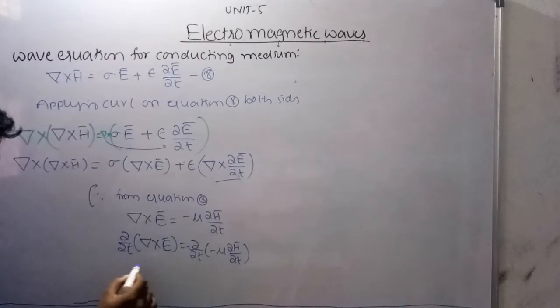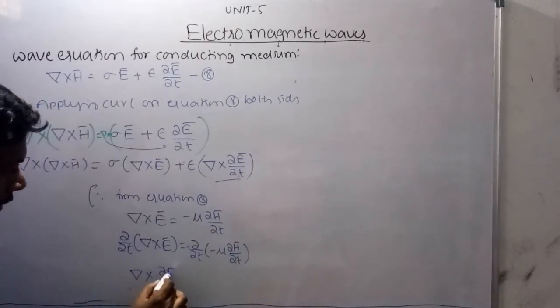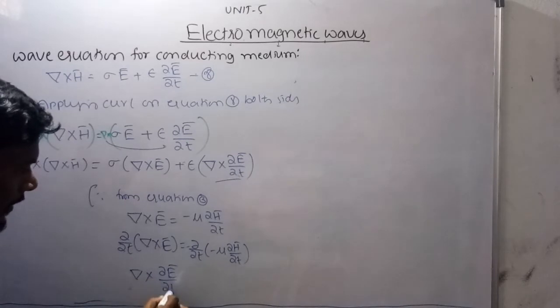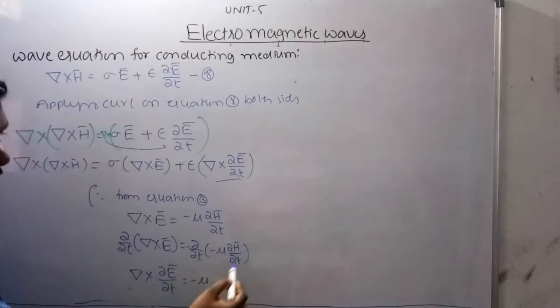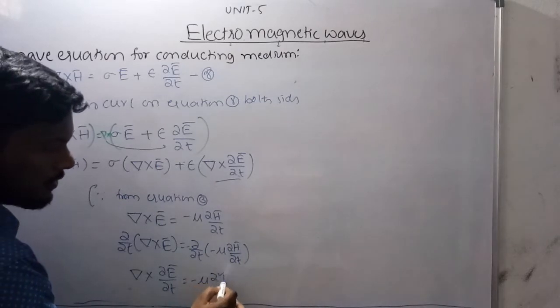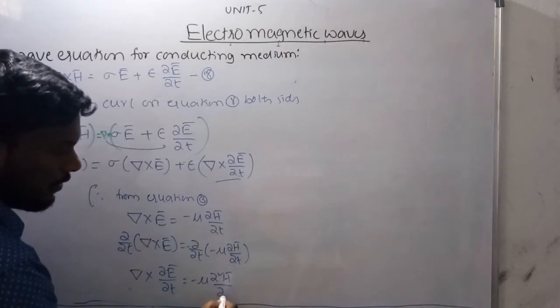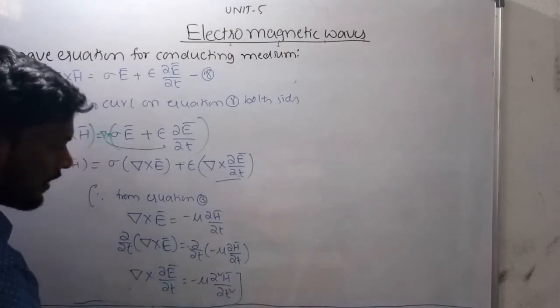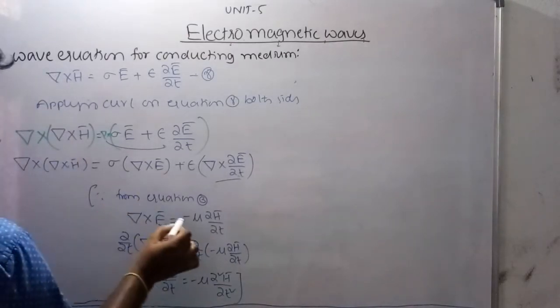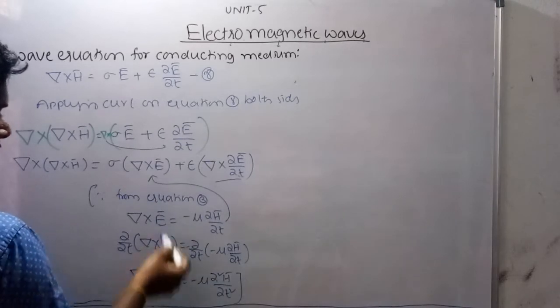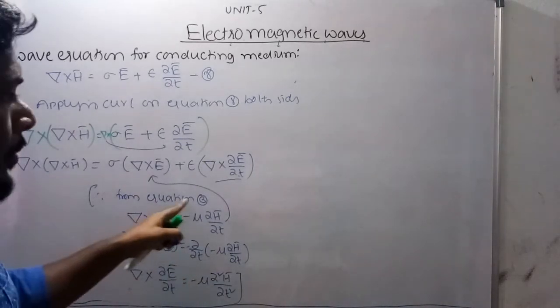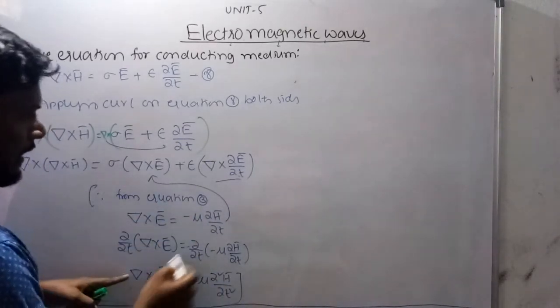Just rearrange this equation so that you will get del cross dou E bar by dou t equals minus mu times dou by dou t of dou H by dou t. It will become dou square H bar by dou t square. So from equation 3 you have this value here, and after applying this small mathematical operation on equation 3, you will get del cross dou E bar by dou t.